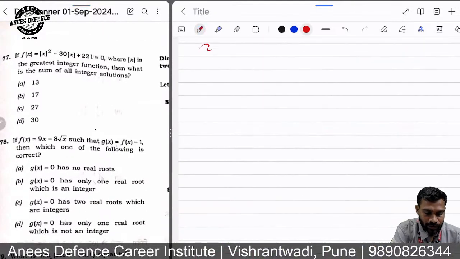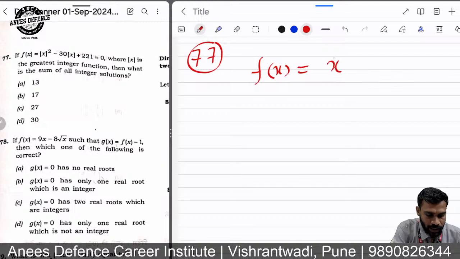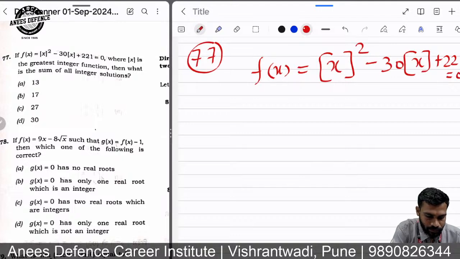Question number 77. What is given? GIF of x whole square minus 30 GIF of x plus 221 is equal to 0. Now what I can do is factorize this.